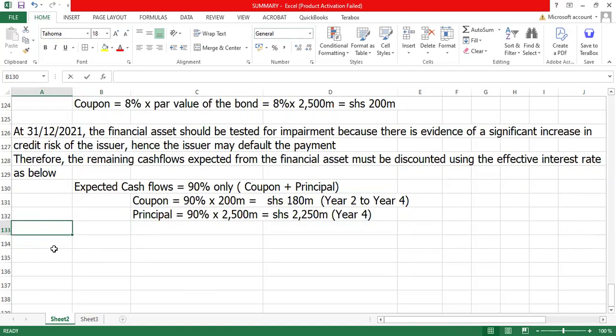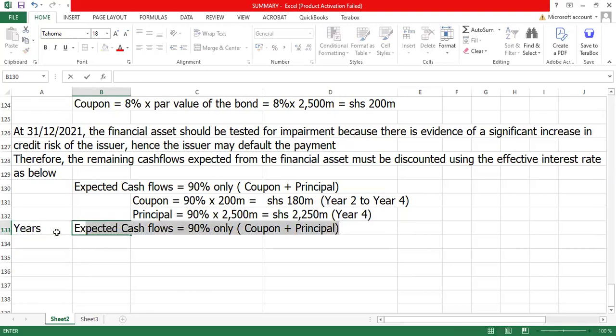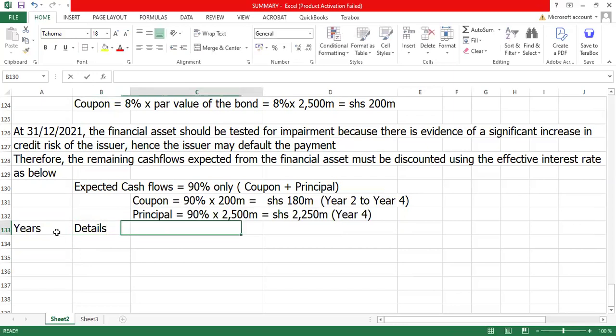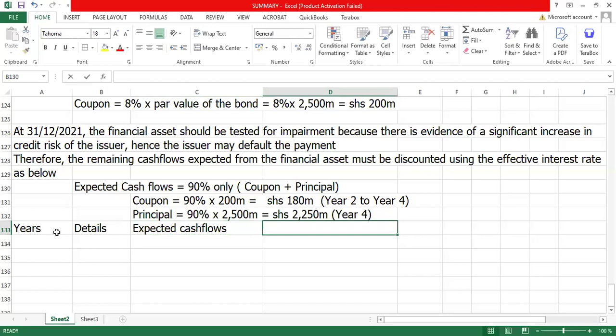That's what we are trying to get. So here you put your periods, then the details, the expected cash flows, then the discount factor.